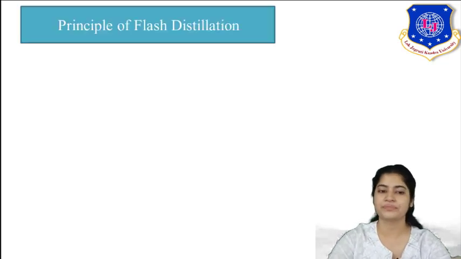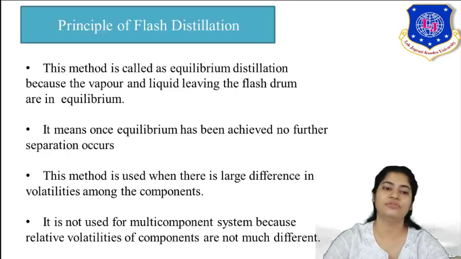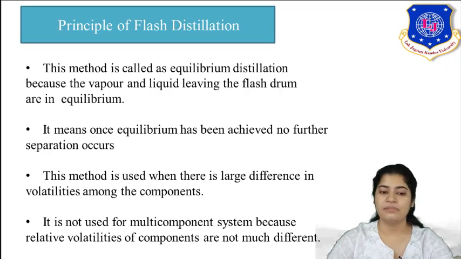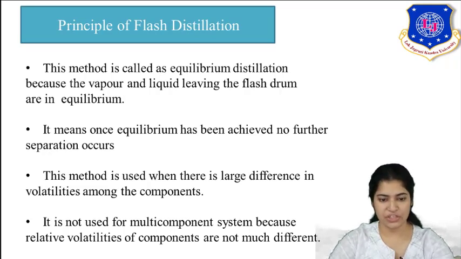Let's have a look into the working of flash distillation. This method is also called equilibrium distillation because the vapor and liquid leaving the flash column are in equilibrium. It means once equilibrium has been achieved, no further separation can take place. This method is used when there is a large difference in volatilities among the components.